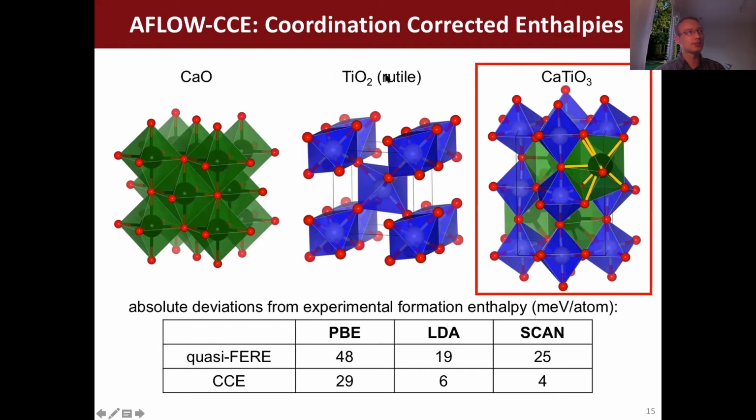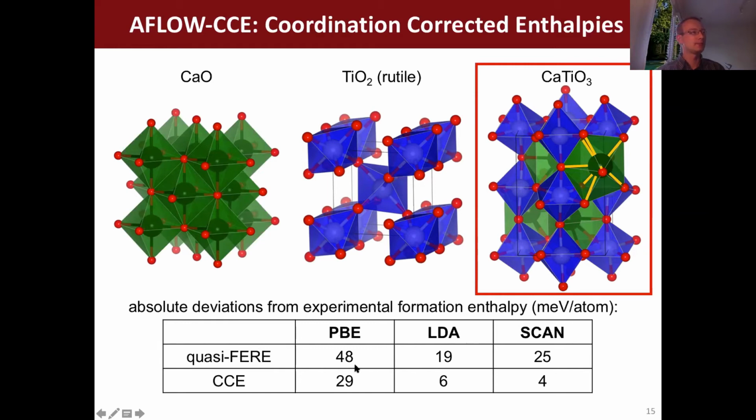The first example to consider in this regard is this prototype example with the perovskite. So what we do here, for all three functionals, PBE, LDA, and SCAN, so all three flavors of DFT, I show the deviation of our predicted result with respect to the experimental formation enthalpy, for our CCE method, the correlation corrected enthalpies method, and another method that has been around before, the quasi-FERE method. FERE stands for fitted elemental phase reference energies.